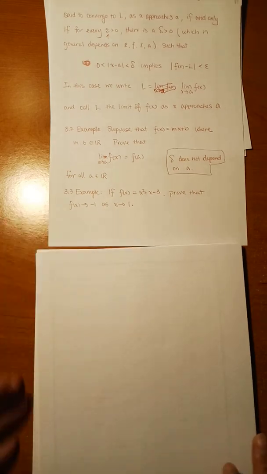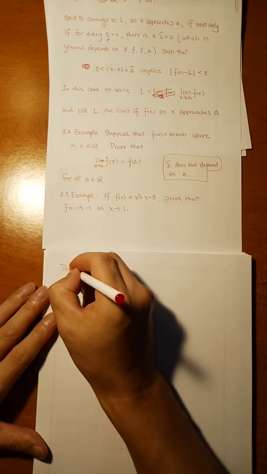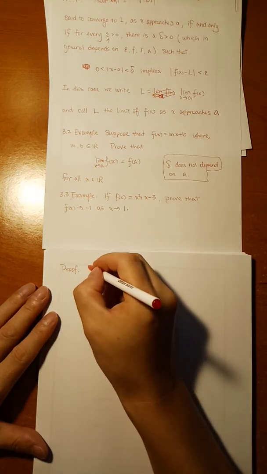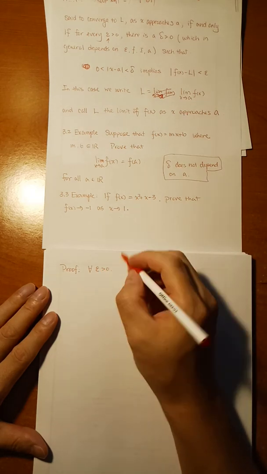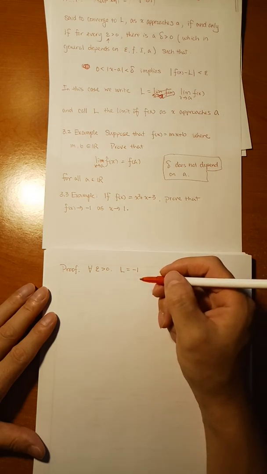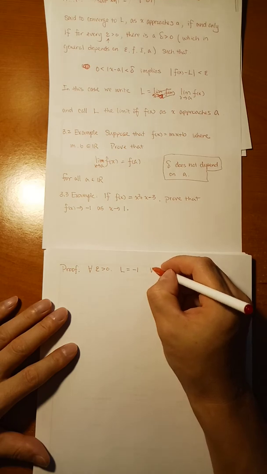Here, let's try to prove it. So prove, given epsilon, for all epsilon greater than 0. L, what is L? L is equal to -1. Okay, so basically we do analysis first.